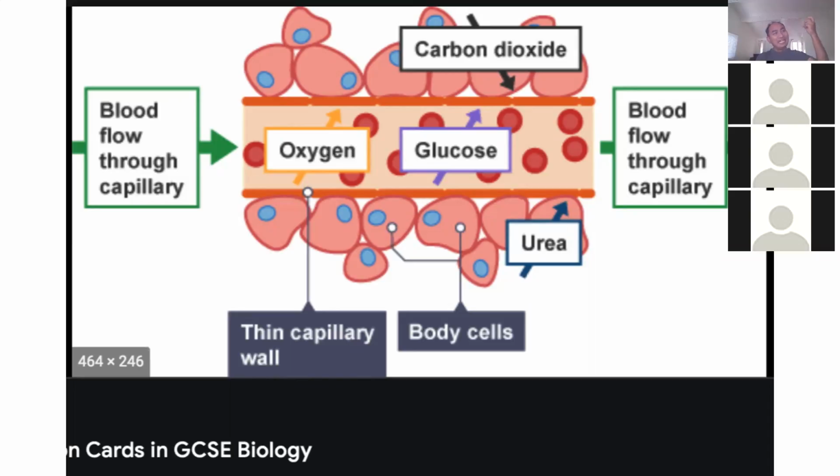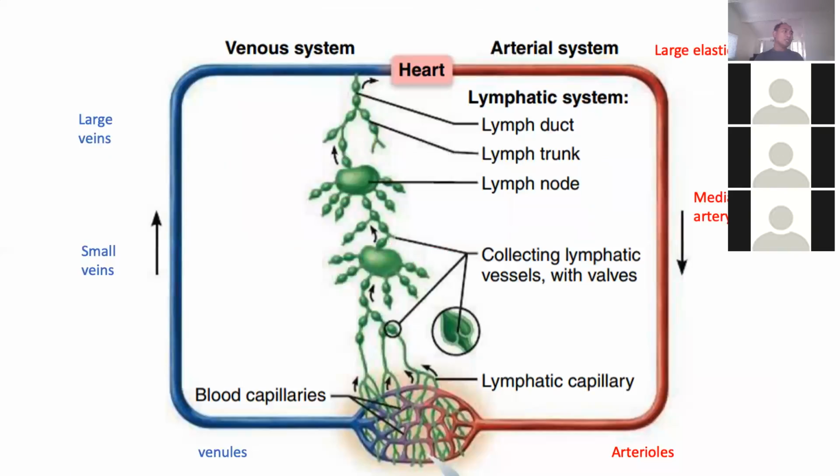And if there is any leakage, any excessive fluid leakage around these cells, in between the cells, the interstitial space, if there is any excessive fluid leak from the capillaries, lymphatic will take it back. So the heart, arterial system, venous system, the large elastic artery, for example aorta, medium-sized muscular artery, for example radial artery, ulnar artery, or renal artery, and then finally small artery, arterioles, and then gradually capillaries, capillaries from the arterial end, and capillaries from the venous end, all these continuing.